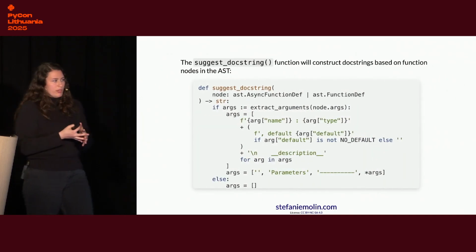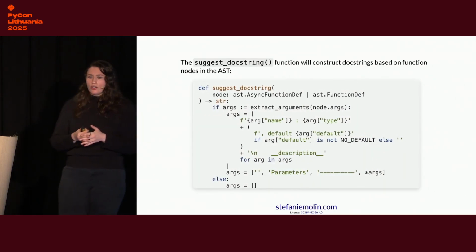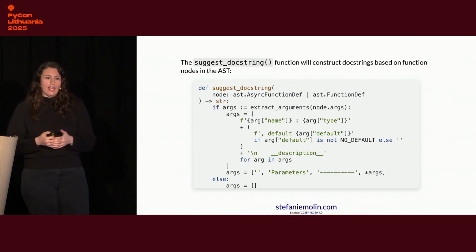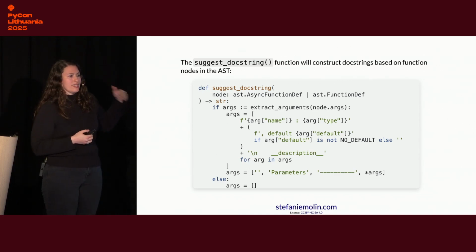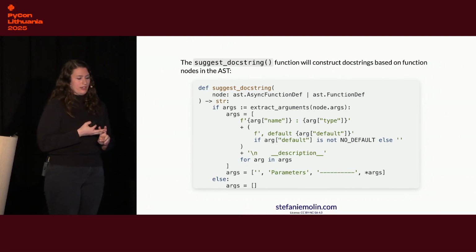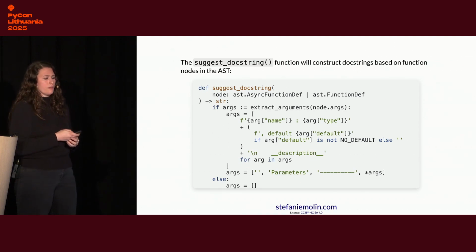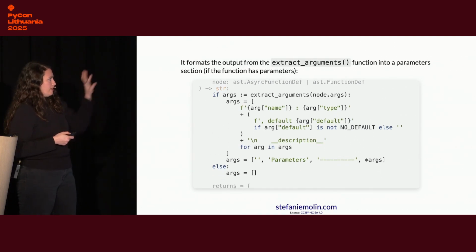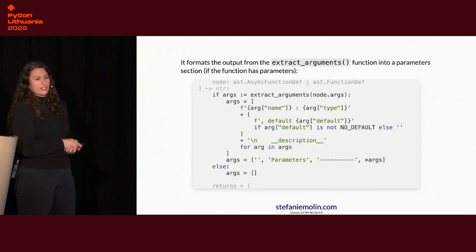So to actually assemble that docstring, we're going to create a function called suggest_docstring. And remember, parameters and all this only applies for functions, so we're not going to worry about modules and class definitions here. So if we are running on one of those proper nodes, then we're going to extract the arguments, so that function that we just created.